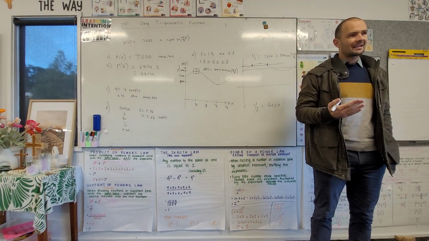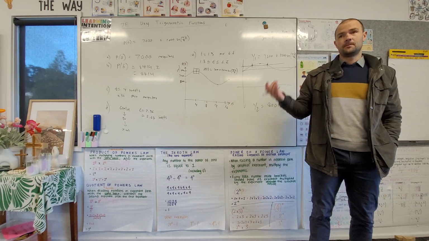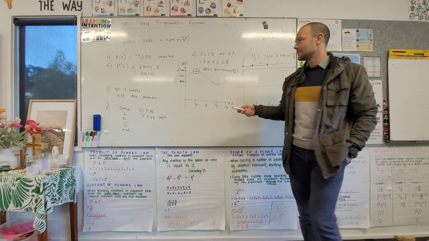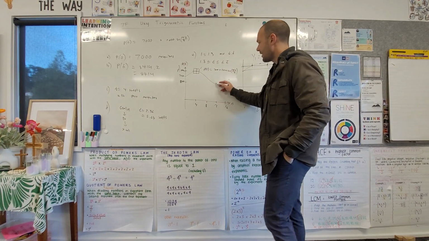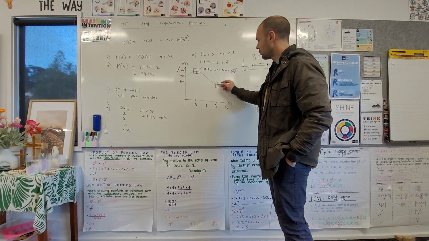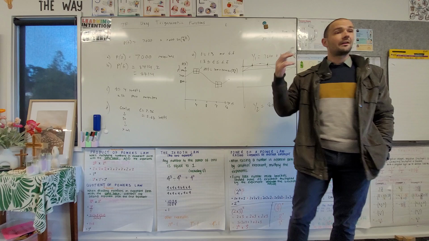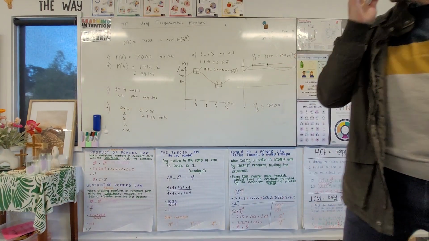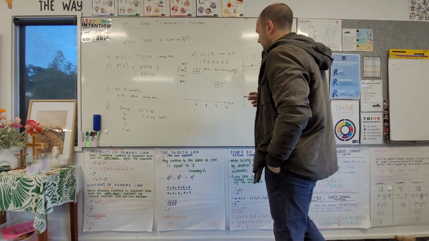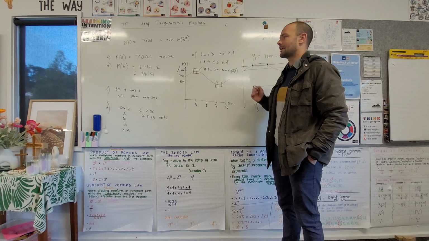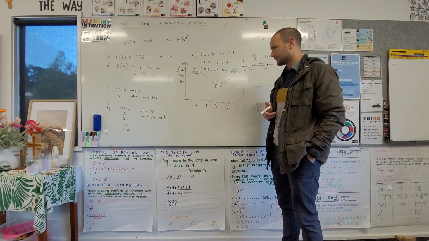Your max needs to occur within those 4 squares, and you'll get the mark for that one. Then down here there'll be four grids, and as long as your minimum occurs in that region, you'll get the mark for that as well. That's how we allocate marks when doing a graph, talking about the key or critical points of the graph.